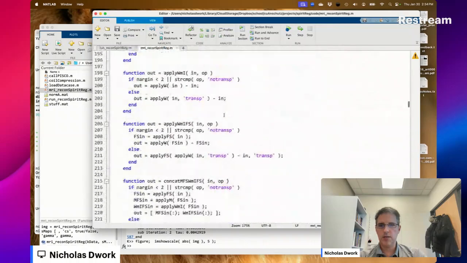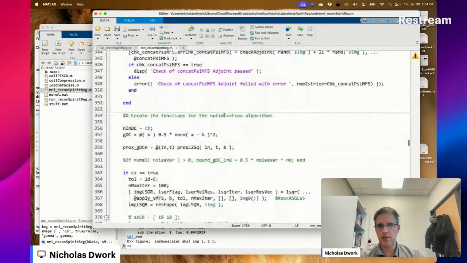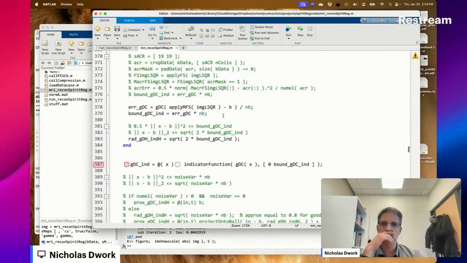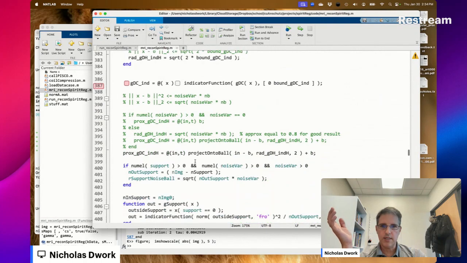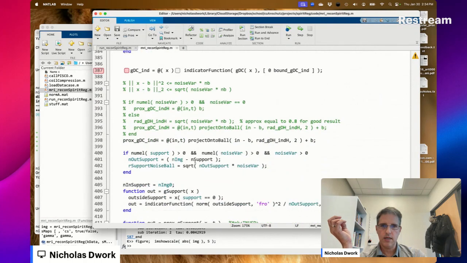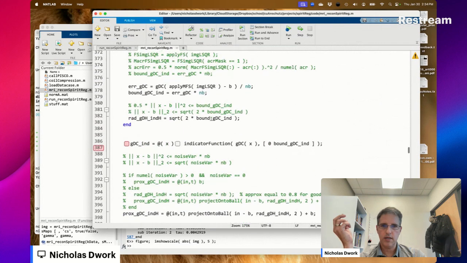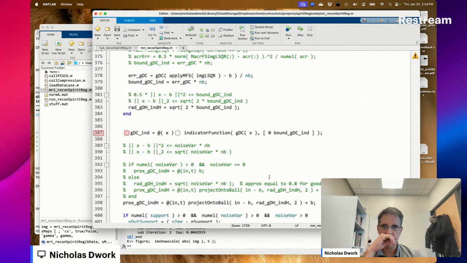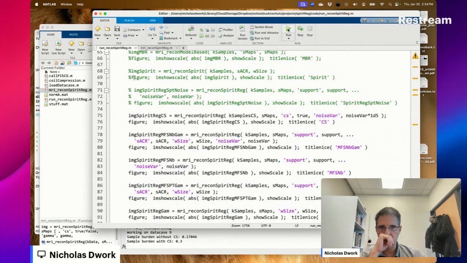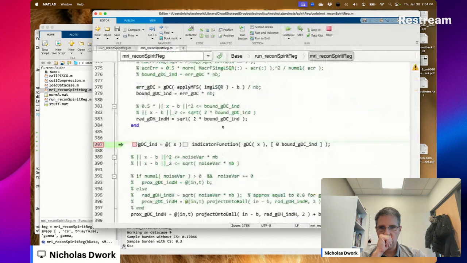Let's make sure the proximal operator is correct before we freak out too bad. Well, the radius, 0.8 for good result. So I'm off by 10. I'm off by 10 and the answer is bad.